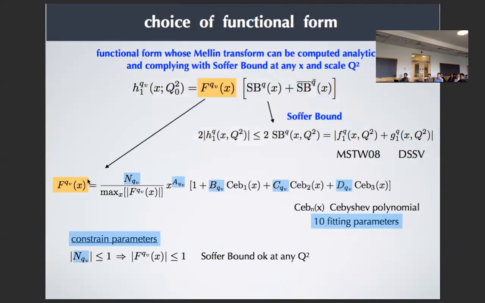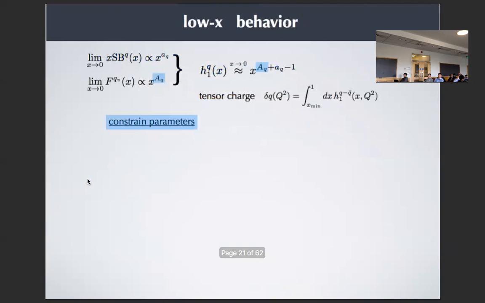So this is easy. And then the second constraint we can put is on this parameter, capital A, which drives the behavior of this parametric function at low x. So if you look at the low x behavior, this goes like x to the capital A. And we can also estimate the low x behavior of the analytical expression of the Soffer bound.